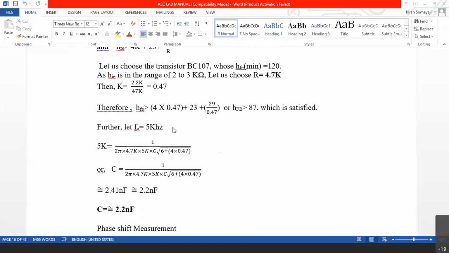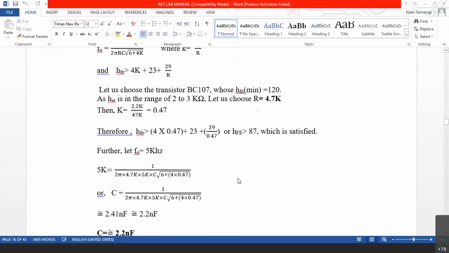It is not going to be used in any other appliances or electronic applications. It is only for the sake of lab. But if it is required for an actual application, we cannot use a standard value. We should have an accurate value of 2.41 nanofarad only. In the lab, we use the standard value of 2.2 nanofarad.